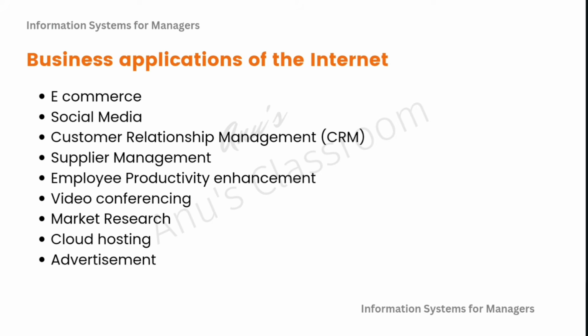Their entire operation happens digitally, maybe through Instagram, maybe through Etsy, maybe through eBay, IndiaMART, Amazon, places like that. So e-commerce, social media, customer relationship management, supplier management, employee productivity enhancement, video conferencing, market research, cloud hosting, advertisement, all these things happen with the help of the internet.